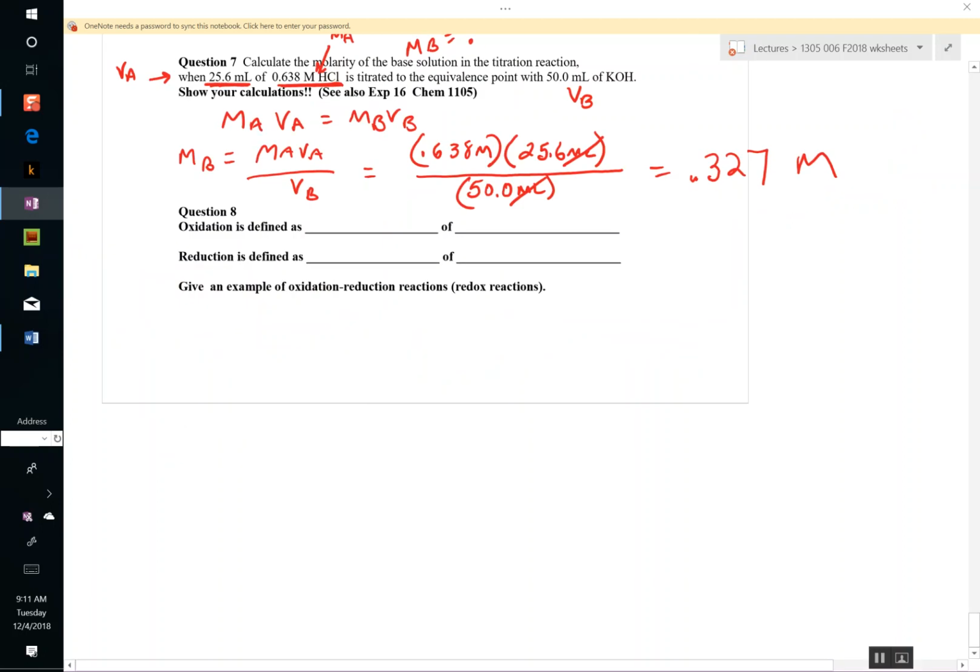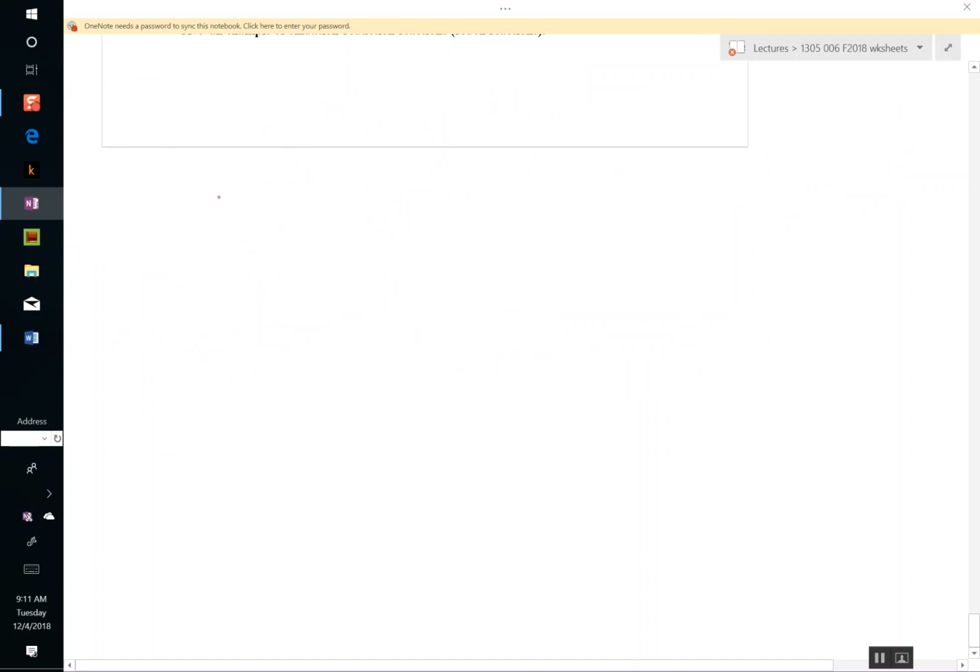So, for example, I'll give you an example. You have a solution. You have an NaOH solution that is 0.257 molar.